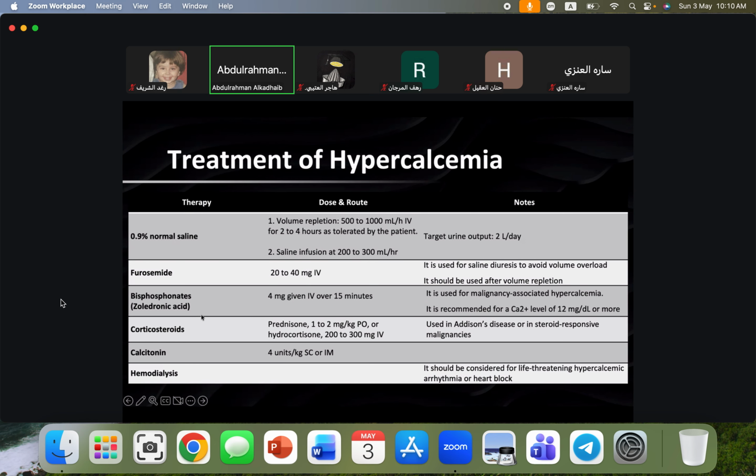We use one of them based on the most likely cause of hypercalcemia. For example, we can use bisphosphonate if we suspect the hypercalcemia is caused by malignancies or metastasis to the bone. It's also recommended in cases of a high calcium level of 12 milligrams per deciliter or more.